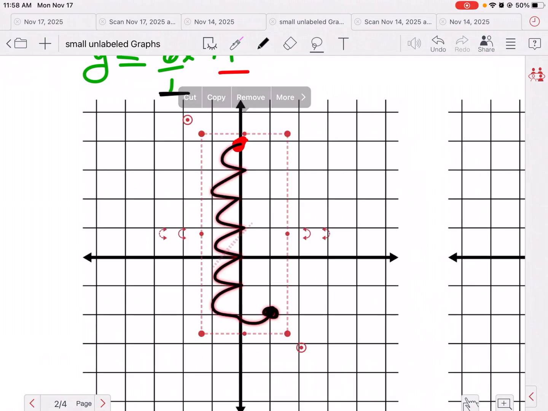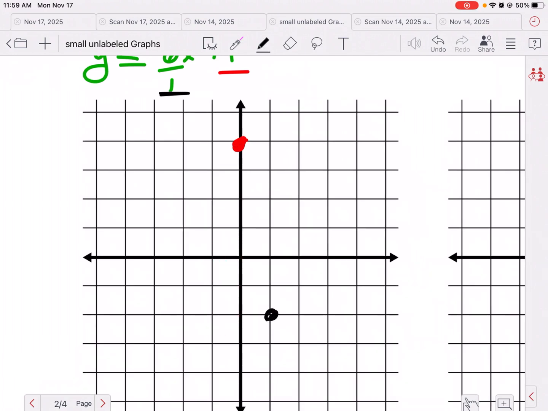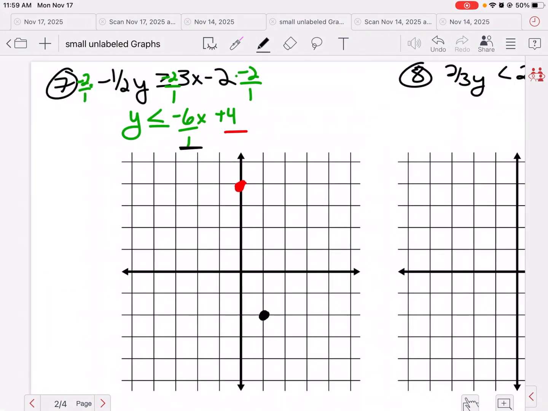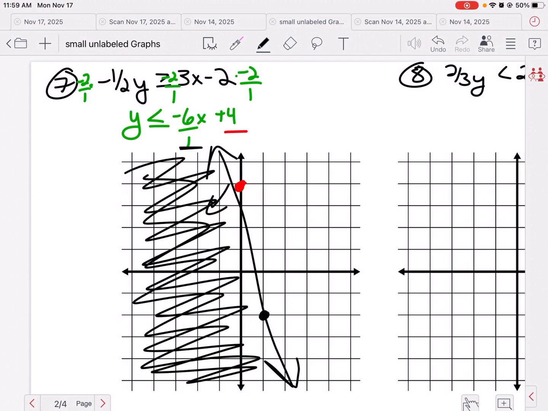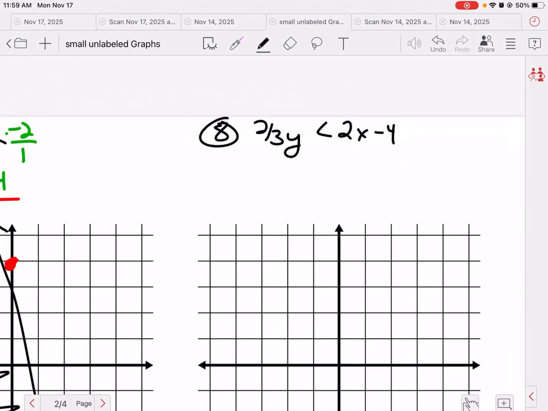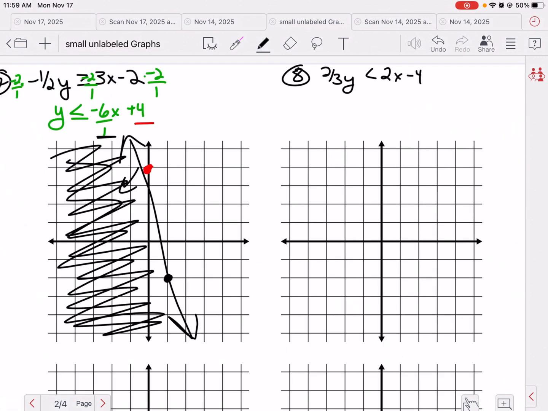Again, I'll get rid of my jumps just for this sake. This is going to be a solid line since it's an equal to. And we're going to shade below the line. And that's what that one will look like.